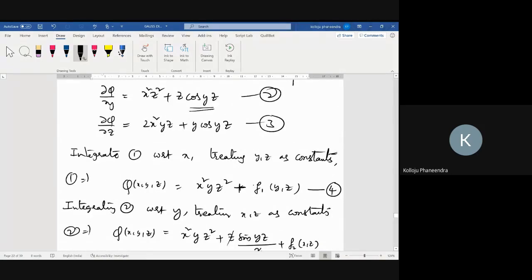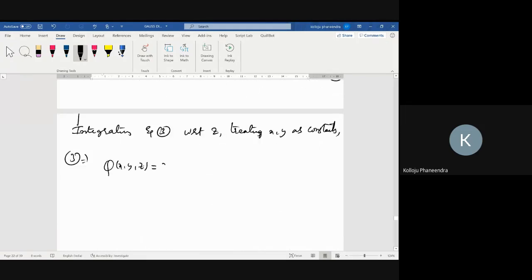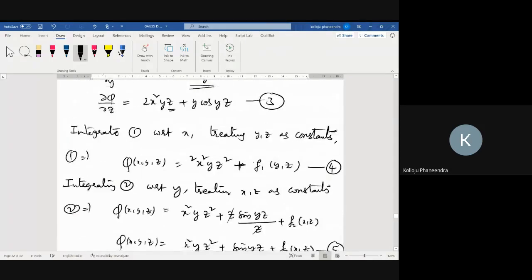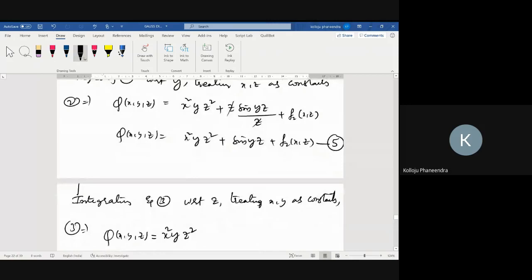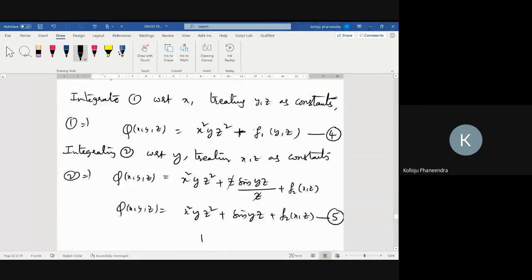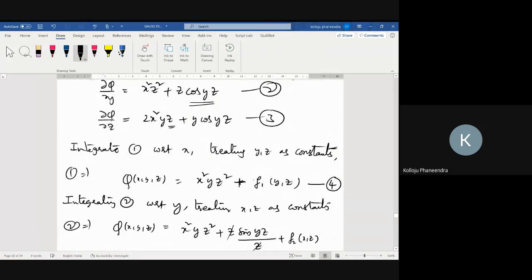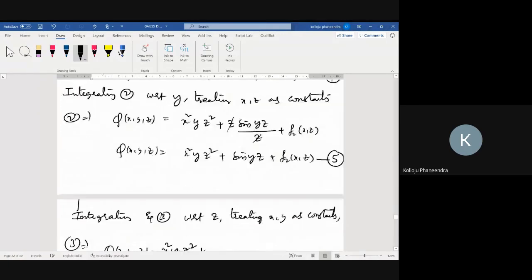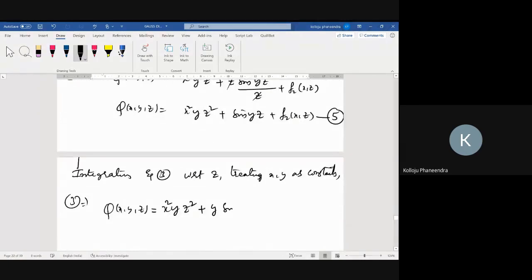The first term gives x²yz², and the next one, with respect to z, gives y sin yz by y.